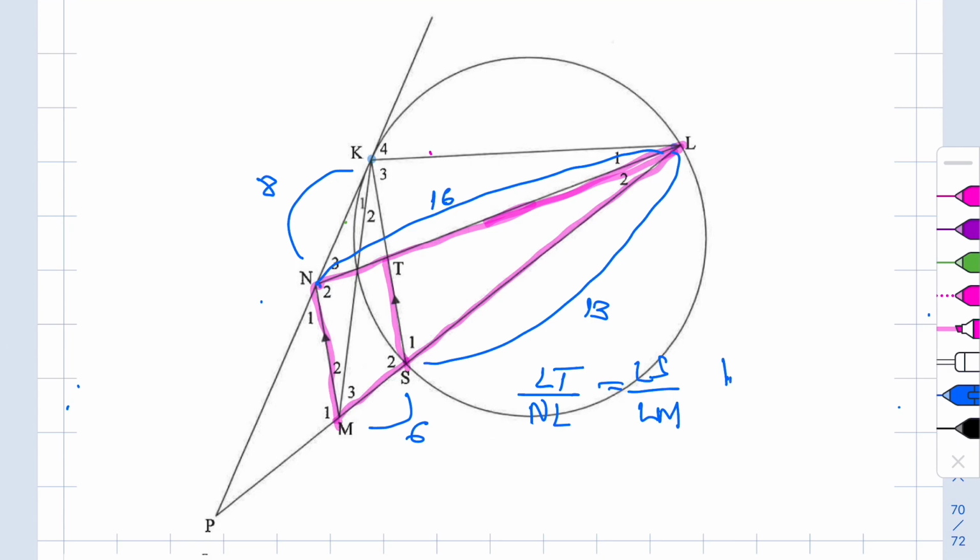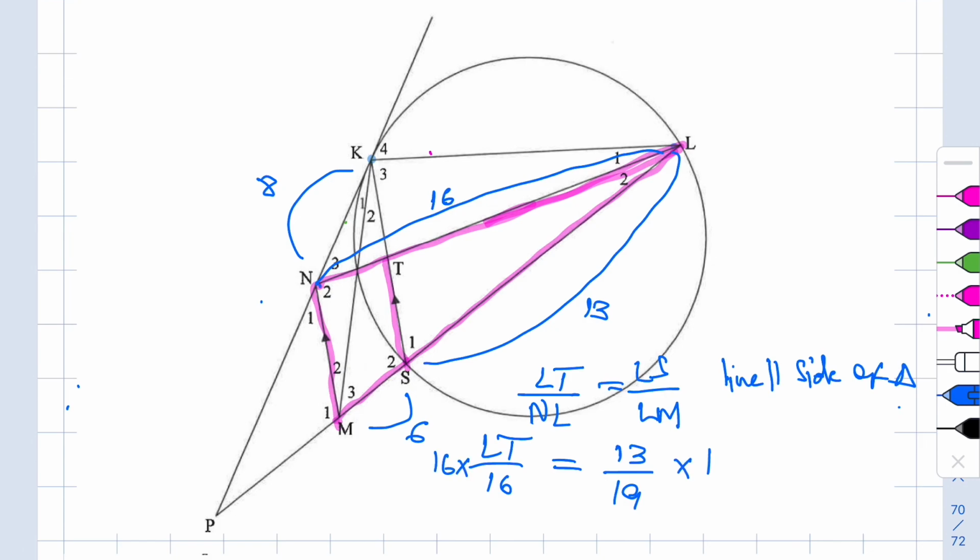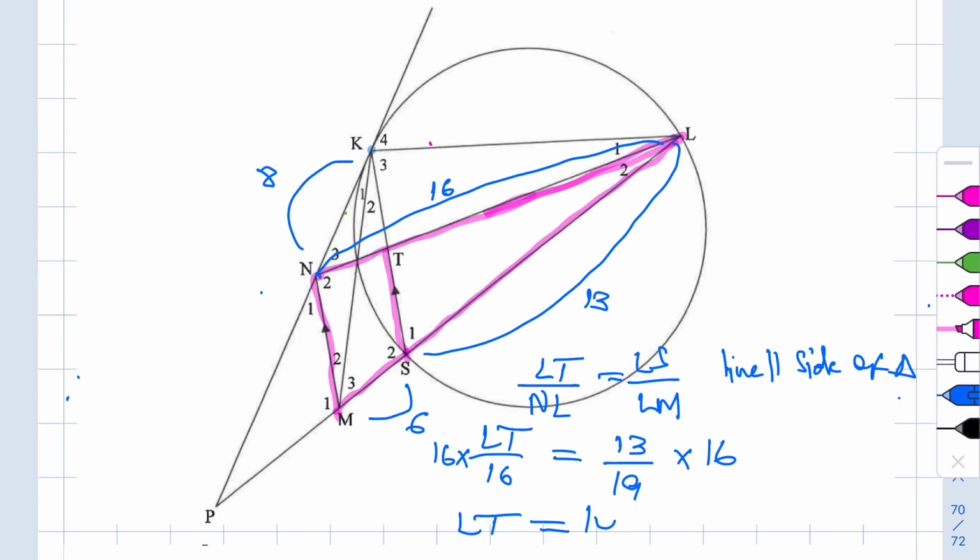Then you write the reason, line parallel to side of a triangle. So we're looking for LT over NL, which is 16, equal to LS, which is 13, over LM, 13 plus 6, which is 19. Then you just multiply by 16 both sides. Then you get LT equal to, and we put that on the calculator, it gives us 10.9. That's the end of this question.